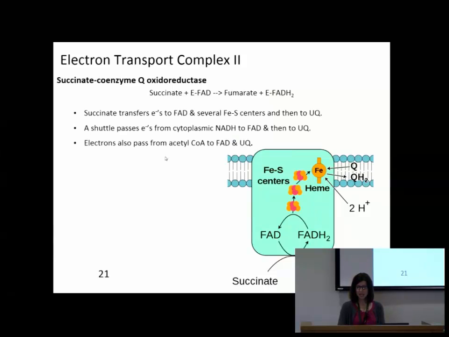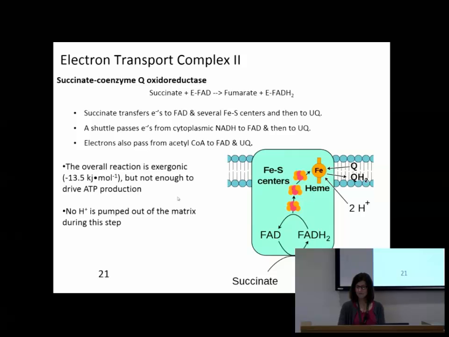Because it does not have enough free energy in passing the electrons from the FADH2 to iron sulfur centers and then to coenzyme Q. Don't worry about this heme one, all right? Just know FADH2, iron sulfur centers, coenzyme Q. It does not have enough to drive ATP production. That means there's no protons being pumped from the matrix to the intermembrane space. So some classes don't even cover it.